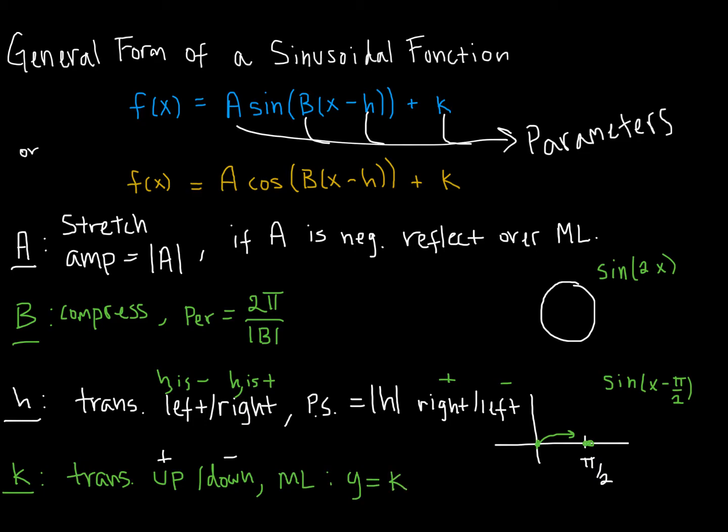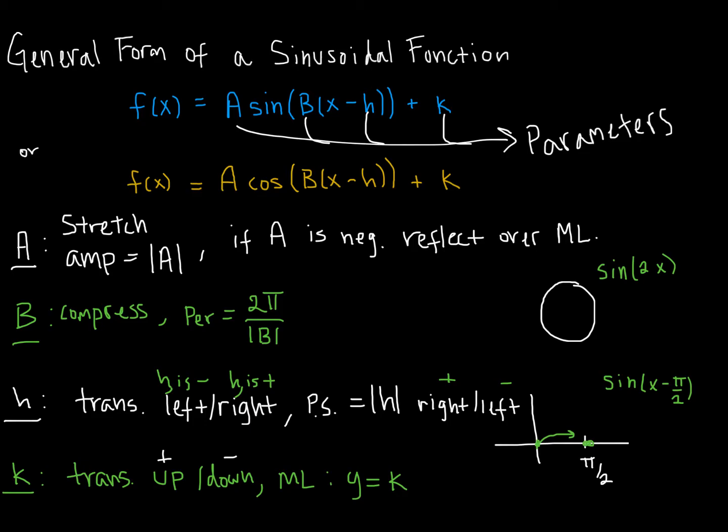In the examples that we've seen so far, sine of x and cosine of x have a k value of 0, and that's why the midline is y equals 0. So important to note, if I'm translating up or down, the midline will also translate up or down, and so my midline is going to be the line y equals k.